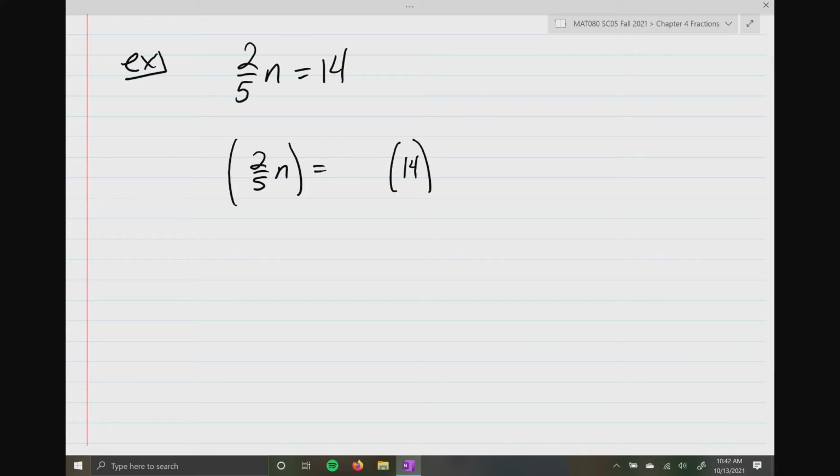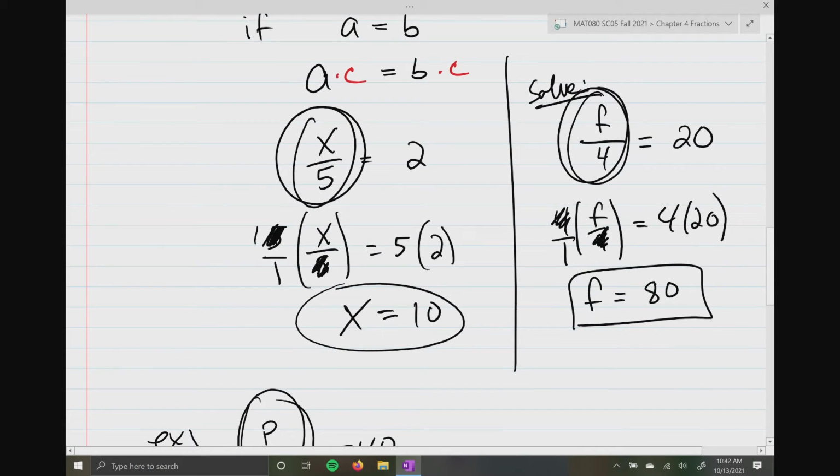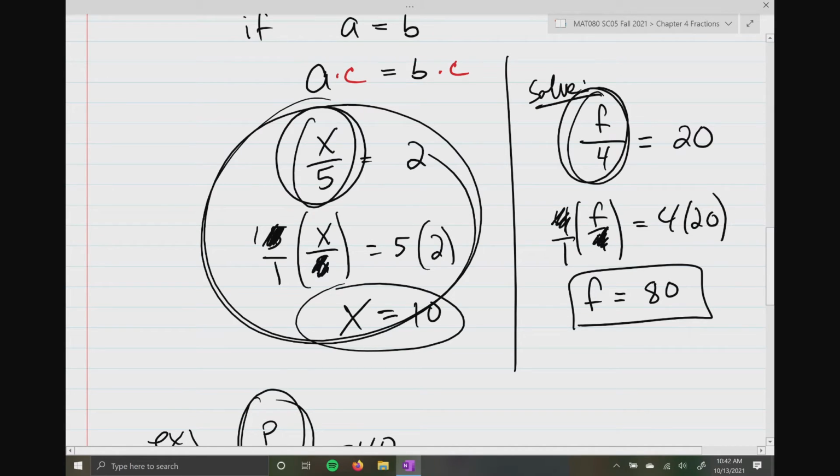Well, look at the previous problems up here. What did I multiply by? With the very first one, this one. What did I multiply both sides by? 5. Why do we multiply both sides by 5? What do you think?